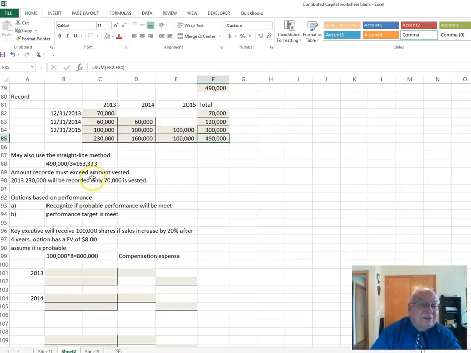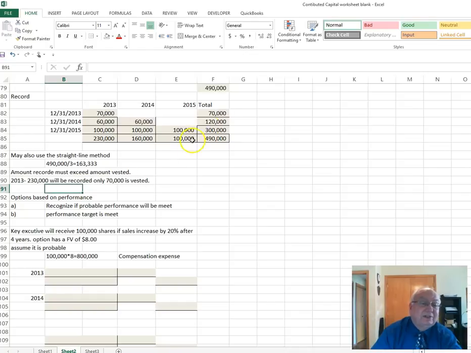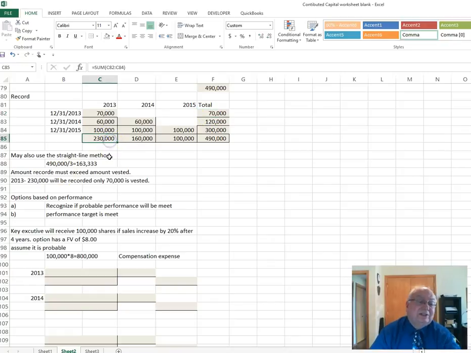The amount recorded must exceed the amount vested. So in 2013, I'll put a little hyphen there. $230,000 will be recorded. Only $70,000 is actually vested, because this is the amount in 2013. This is the amount that is actually vested in 2013, and we invest $230,000.